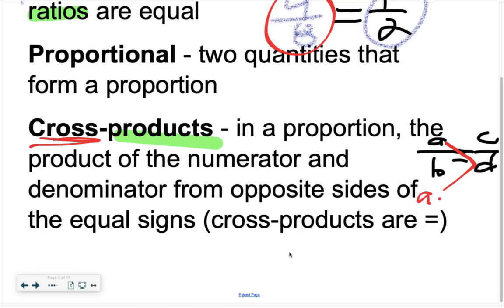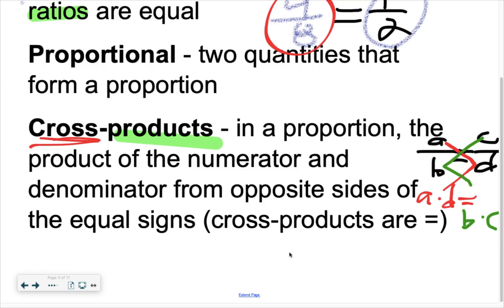So we're going to take that and do A times D, and that cross product is equal to the other cross product, where we take the other diagonal, the cross, and go C times B, or I'll write it out B times C, so it's alphabetical. Yay, cross products!